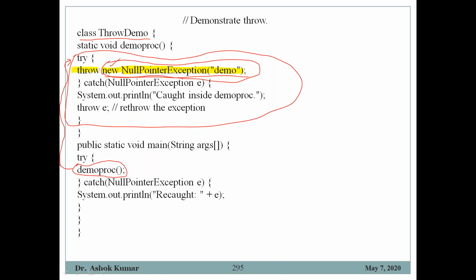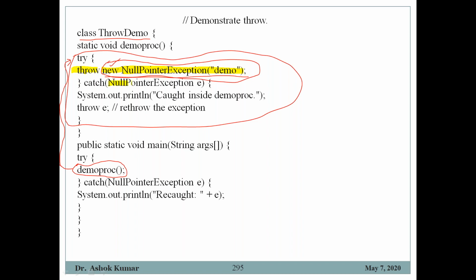So this throw keyword will throw this exception object, and whenever the exception object is thrown, Java will find a matching catch block. So it will try the catch blocks that are attached to the try block wherein the exception was generated.